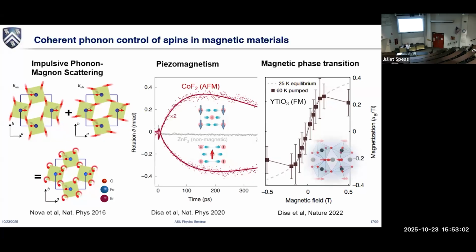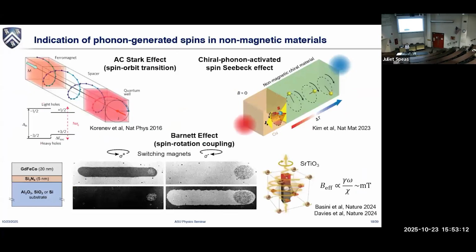But for all these previous ultrafast experiments, you have to have some magnetism already within the system. We would like to ask, from a pure symmetry perspective, whether it would be really nice to create magnetism or some spin phenomena by these phonons without the system being a magnetic material beforehand. So you create magnetism from nothing.